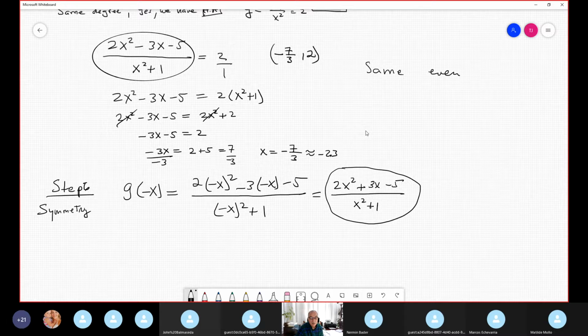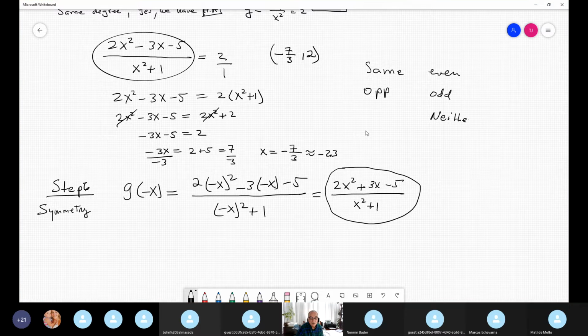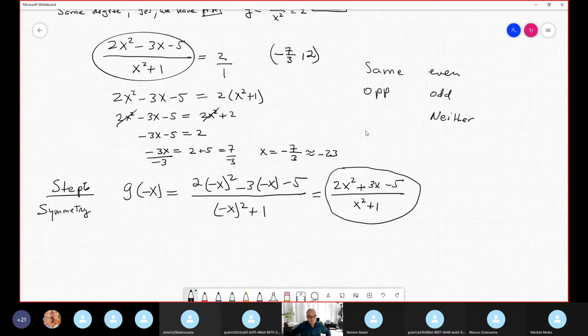If it's exactly the same, it's even. If it's completely the opposite sign, it's odd. Otherwise, it's neither. What do you think? Is it even, odd, or neither? Opinion. Neither.